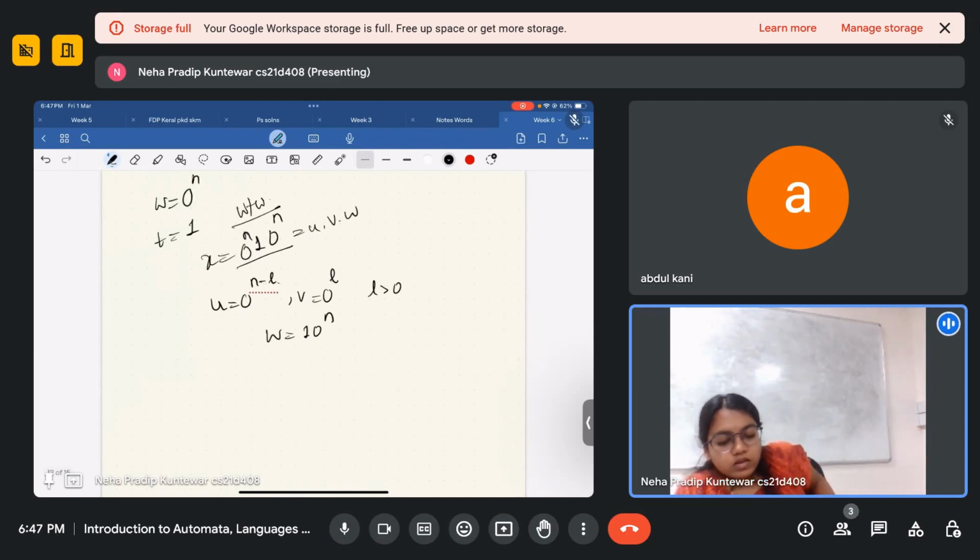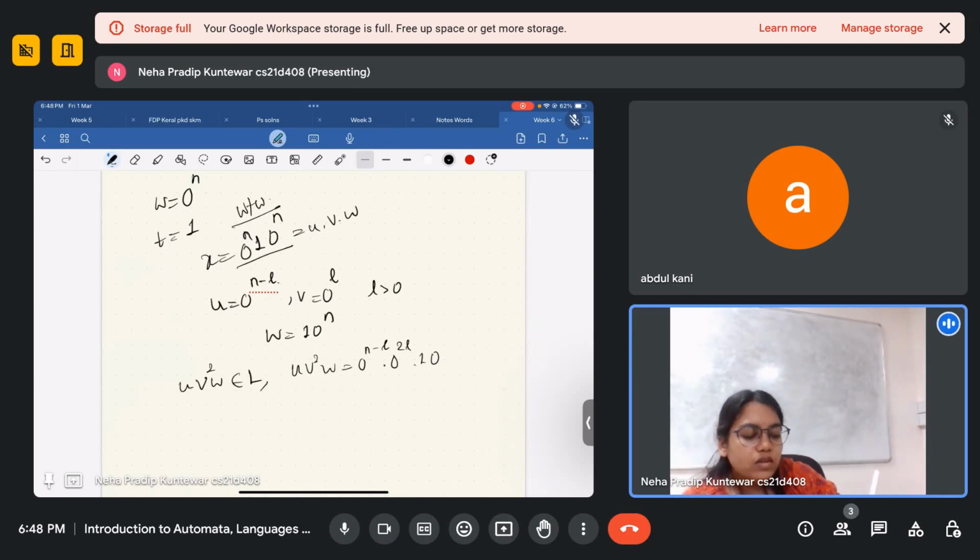Again, if we apply the pumping, UV squared W should be in language L. Let's see whether that happens. UV squared W is 0 to the n minus L followed by 0 to the L followed by 0 to the L, then 1 0 to the n, and this is nothing but 0 to the n plus L 1 0 to the n.